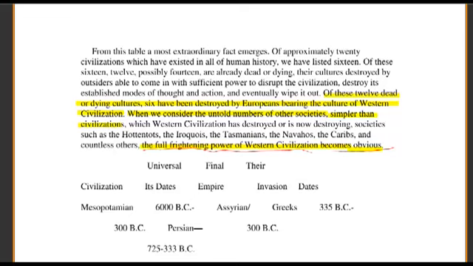He's going to go through a list of the civilization, its universal empire, and then the decay, which is the invasion and the destruction of the civilization.